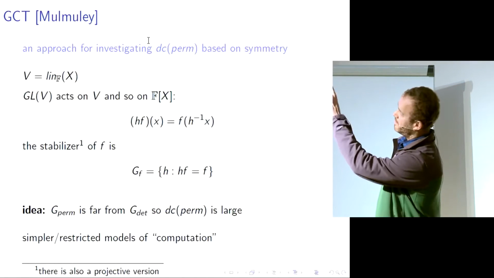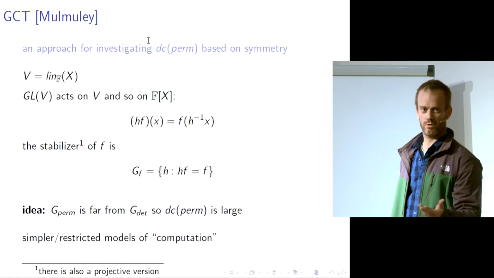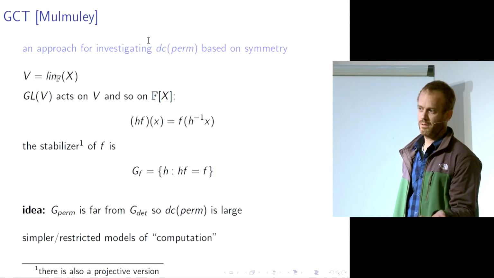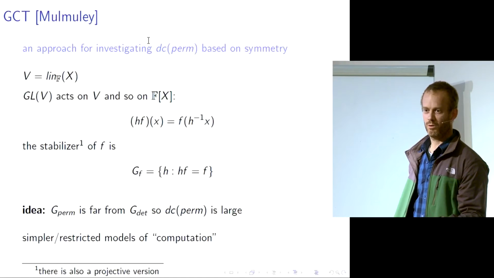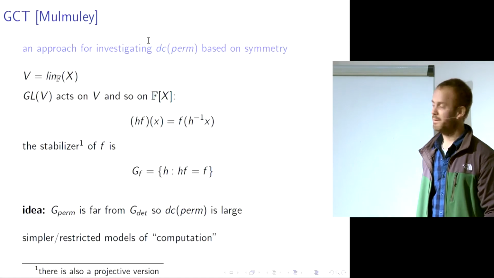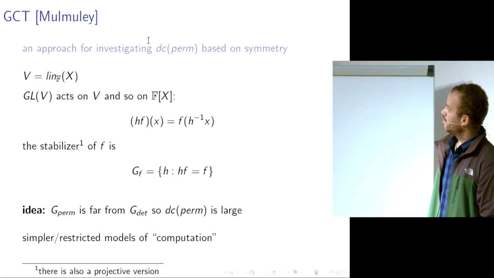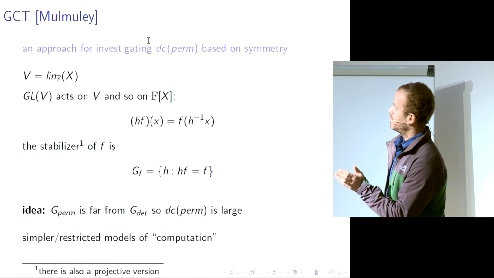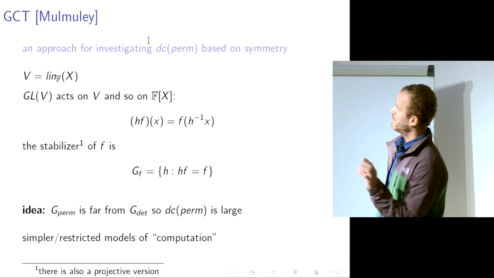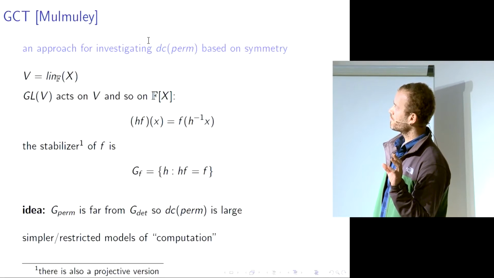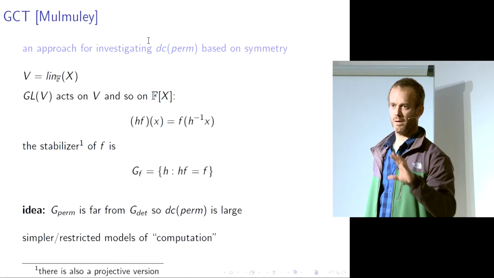So I summarize this whole approach in this slide. It's, of course, very limited, not deep, what I'm saying. But what is there to remember from this? Every polynomial has a stabilizer.